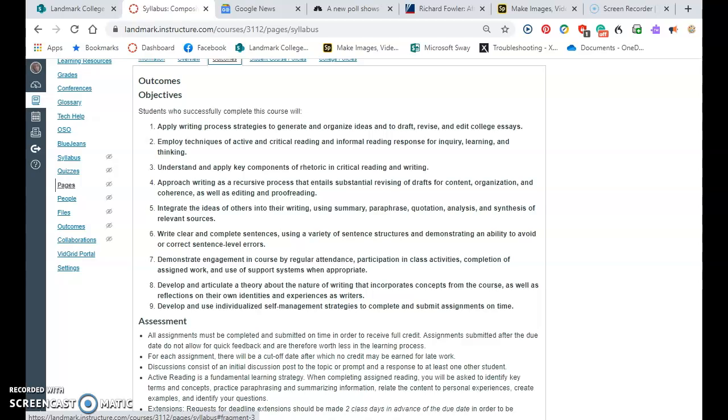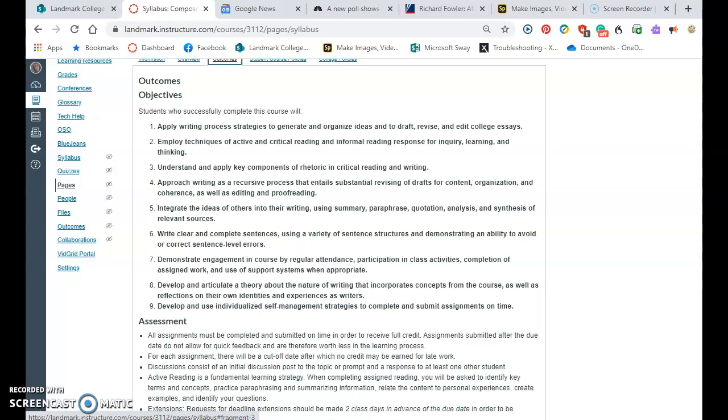8, develop and articulate a theory about the nature of writing that incorporates concepts from the course as well as reflections on your own identities and experiences as writers. And that's basically the theory of writing paper, the last unit. But we'll do work related to that throughout the semester.